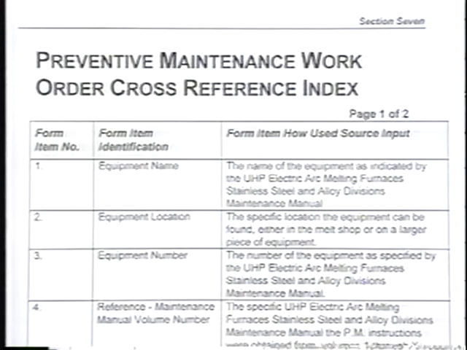The middle column addresses where the identification is or what it is trying to identify. So that is under Form Item Identification. And the right-hand column identifies the information and the source document that provided the input into this work order program.